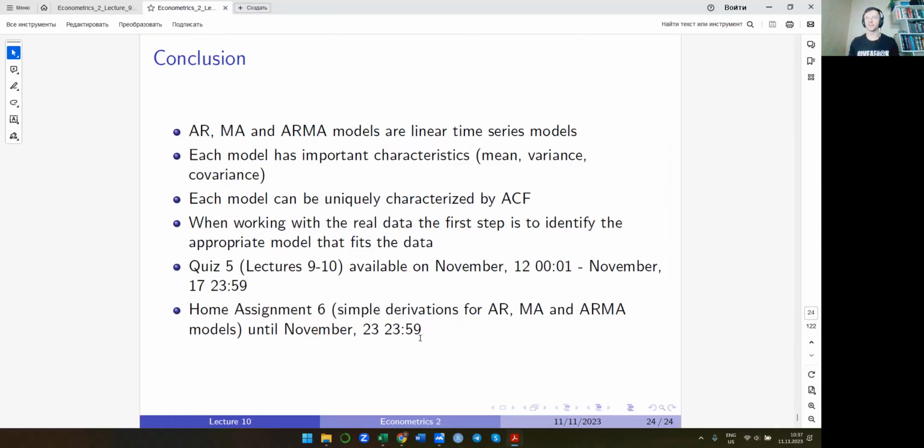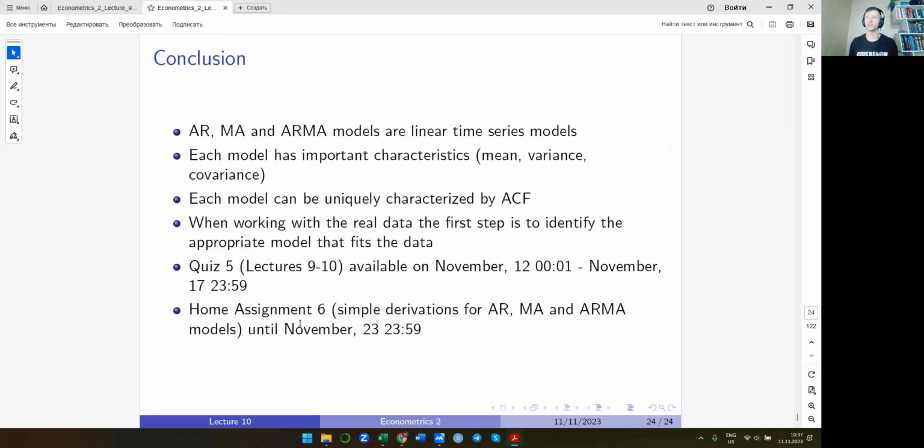is going to be based on the simple derivations for AR, MA, and ARMA models, based on what we have done today. So you will be given some exact AR model with exact coefficients, and the question is going to be to compute the mean of this process, or compute the variance of this process, something like this.